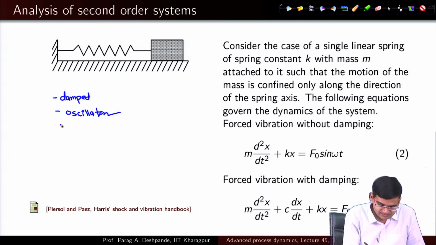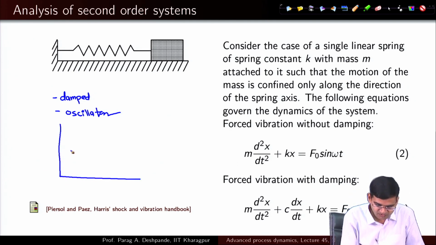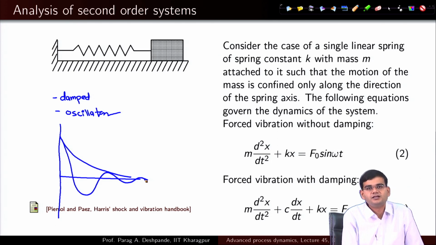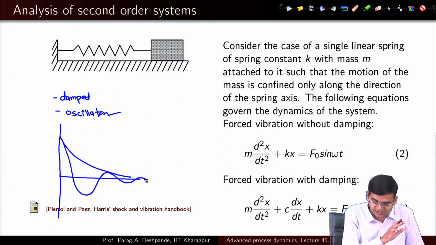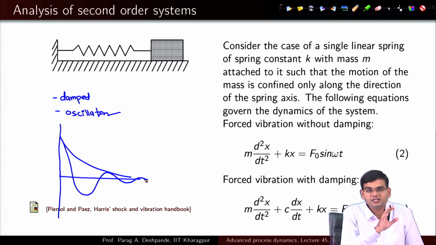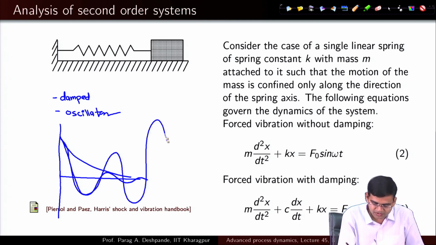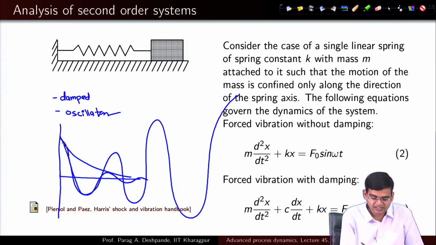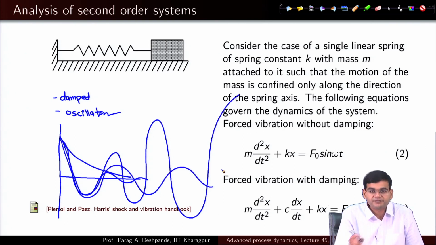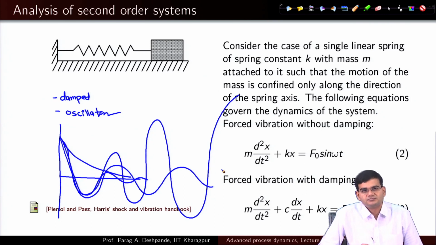In fact, what you saw was that the response can be such that there is no oscillation, the oscillations could die down, the oscillations may increase in magnitude, amplitude, and finally, they may be sustained in magnitude, right. We saw all four.